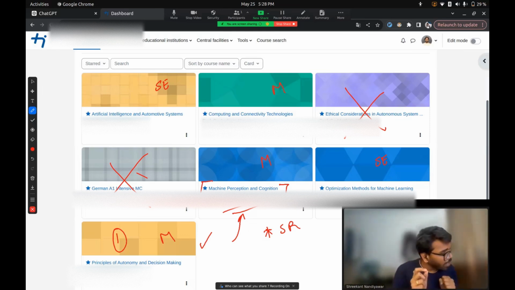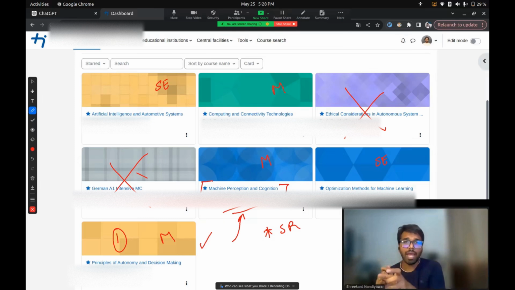Then we have something as SLAM. This is again the second major content of machine perception and cognition. And as in the name itself, SLAM stands for simultaneous localization and mapping. Okay, so what is going to happen here? You will be having an unknown environment, and your agent will try to localize in that environment.